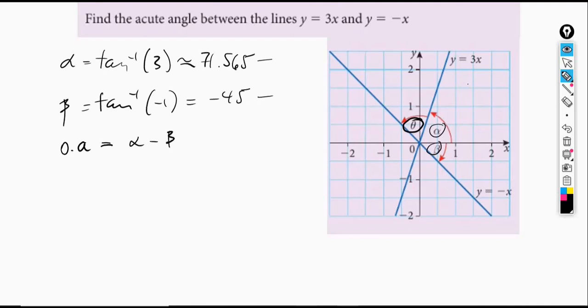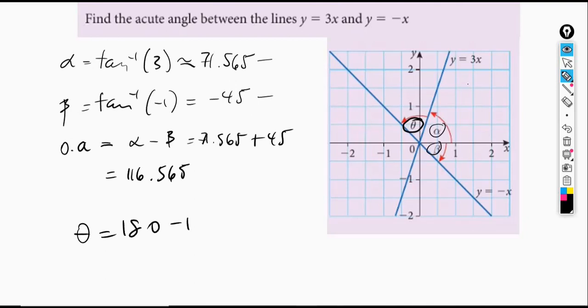Now you might say, why minus? Well, because beta is negative. So this is going to equal 71.565 minus negative 45. So that means plus 45 is going to equal 116.565 degrees. So we are ready to find theta, because theta is simply 180 minus that.